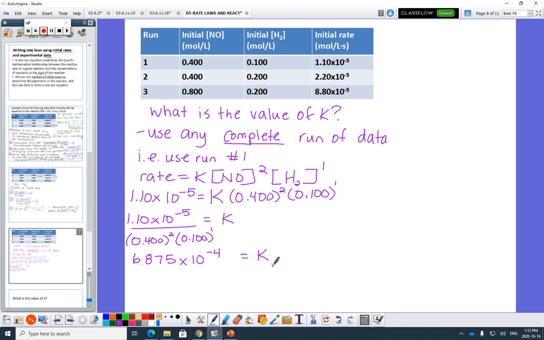So we get a pretty small K, which means this reaction is not fast.